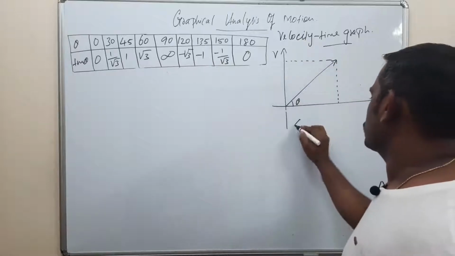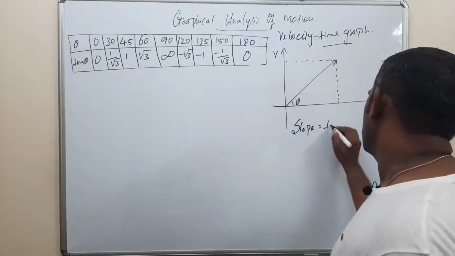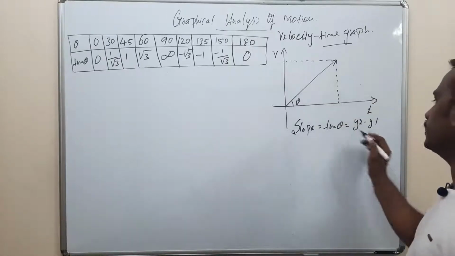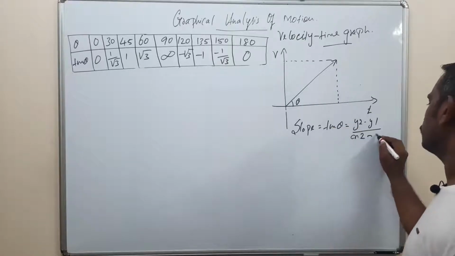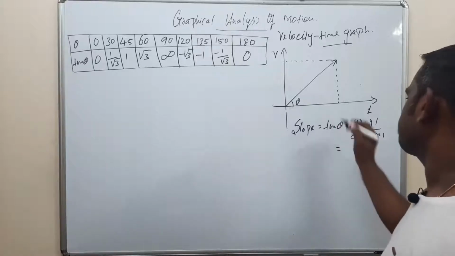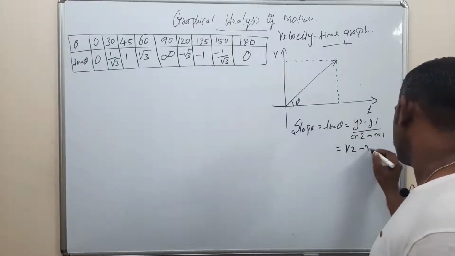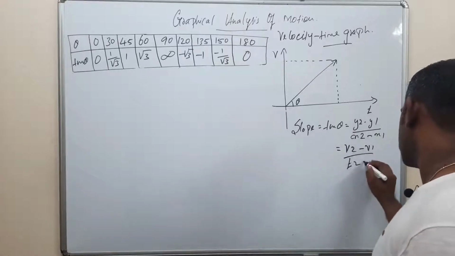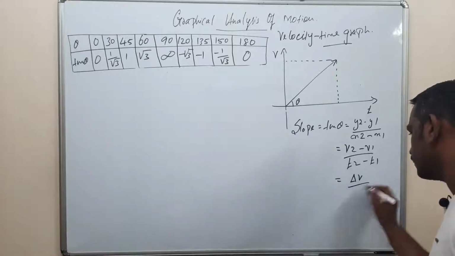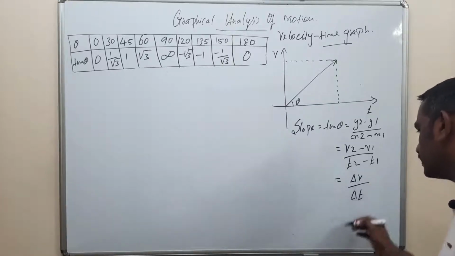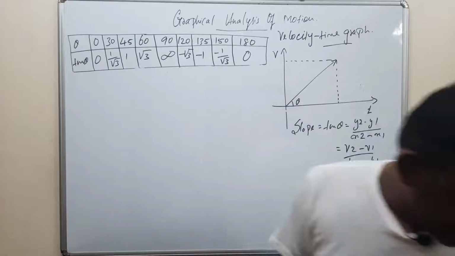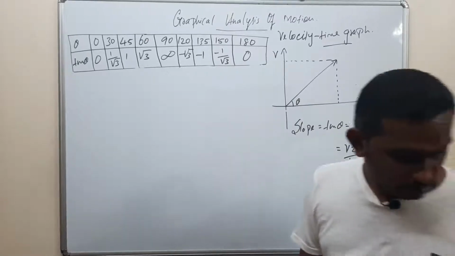The slope of this curve is tan theta, equal to y2 minus y1 over x2 minus x1, perpendicular by base. On the y-axis that is velocity, so v2 minus v1 over t2 minus t1. That is change in velocity, delta v, by change in time, delta t, which is acceleration.